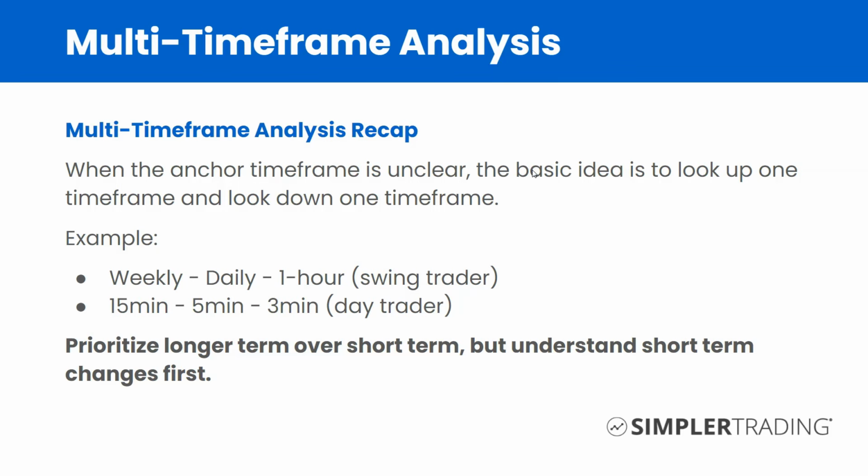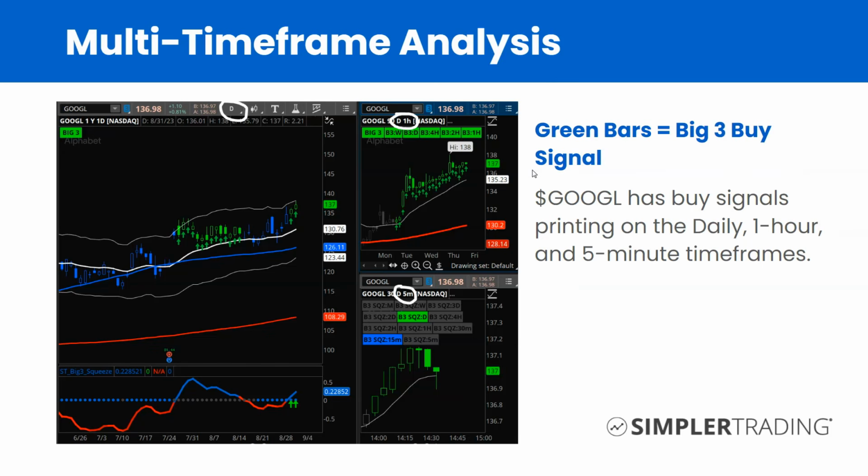If I'm trying to trade a 15-minute squeeze, but it's a little bit neutral, but then I see a buy signal on the 5-minute, the 3-minute, the 2-minute, that could be my early entry. So from there I could take maybe half my position size, and then when my anchor time frame gets the official buy signal, then I can put on the rest of that trade. Right? Different things that we can do when we're analyzing stuff from the ground up.